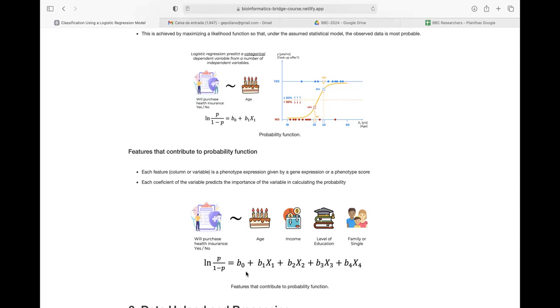And I told you in the beginning that I actually chose 22 of those variables. I think that the hallmark hypoxia is actually not among those variables, but there are 22 of them. And what those 22 variables are measuring are some phenotypes that we are interested in the neuroblastoma data set. I hope this makes sense.